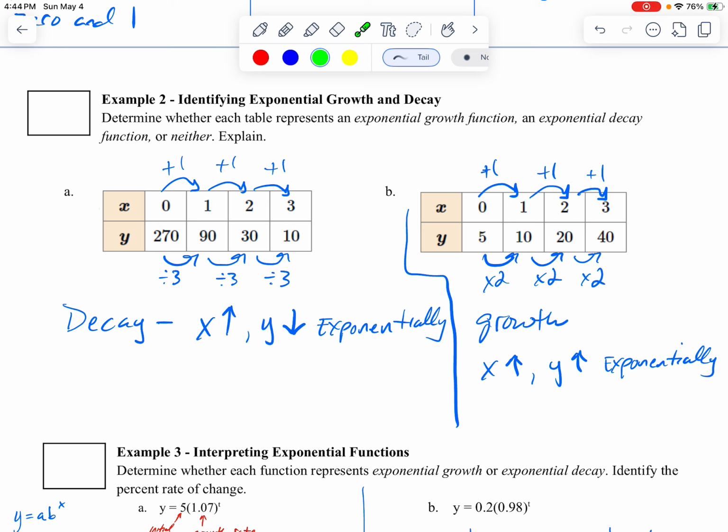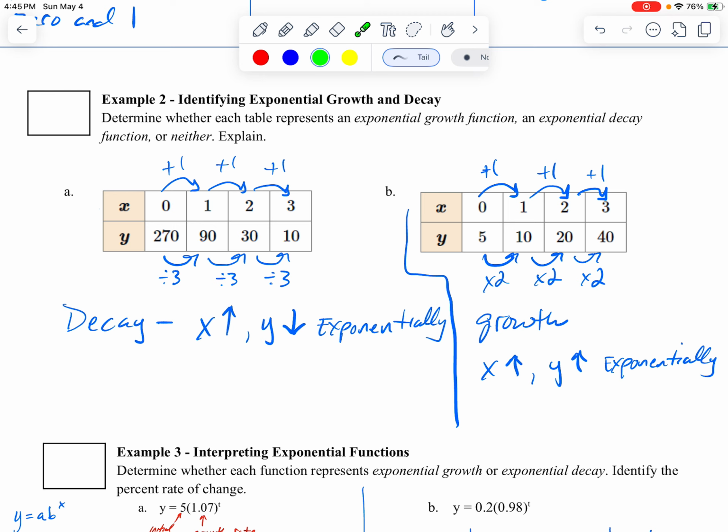It's going to be decay when we're doing division, or as x gets bigger, y gets smaller. But that y is going to need to get smaller exponentially. So in this case, dividing by 3, or that would be the same as multiplying by 1/3, depending on how you think about it. But as x gets bigger, y gets smaller in an exponential fashion.